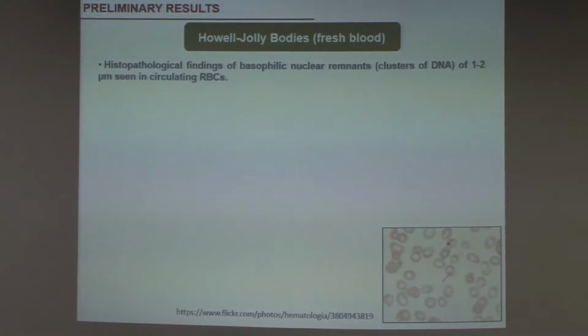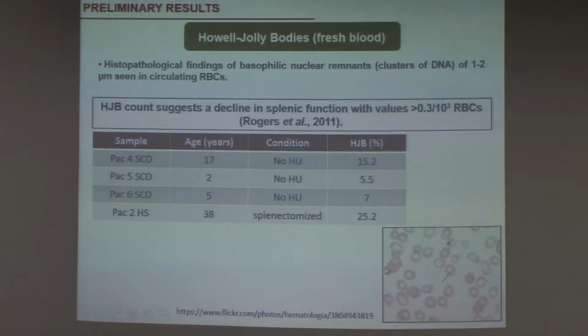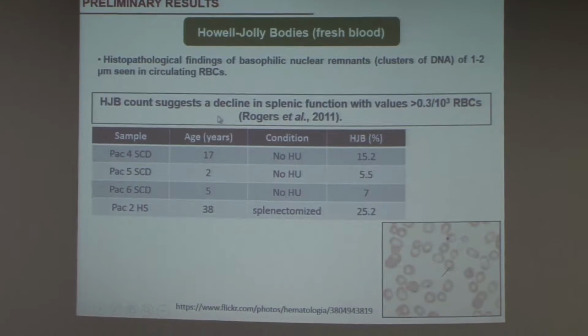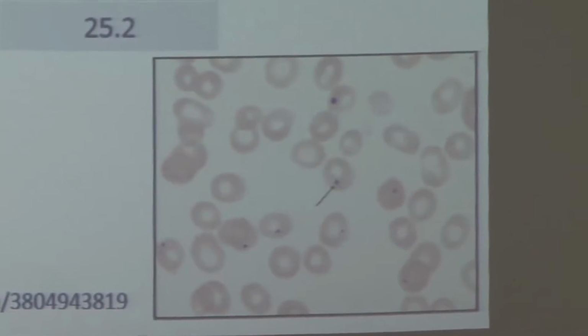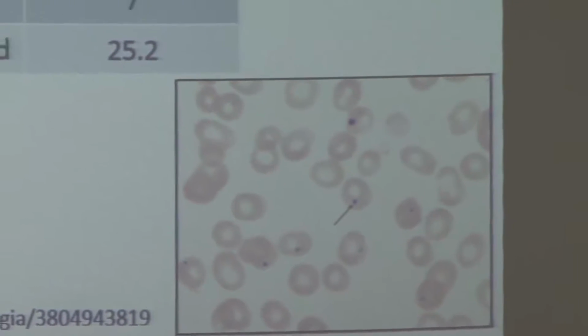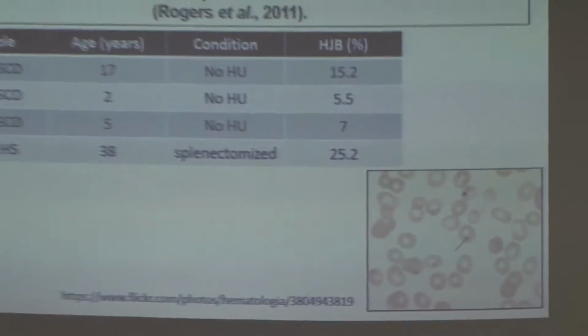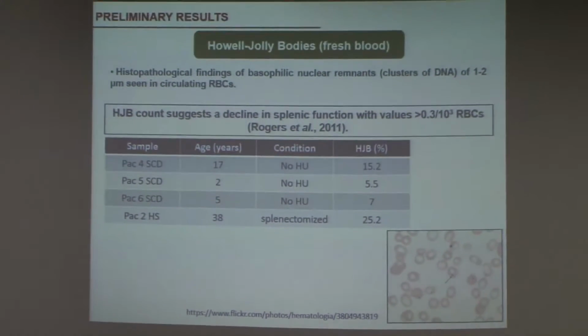And Howell-Jolly bodies are the remnants of chromatin nuclei. We can find basophilic nuclear remnants. I don't know if you can see very well, but we have a picture here. And it also suggests a decline in splenic function with values above 0.3 per 10 to the third red blood cells.